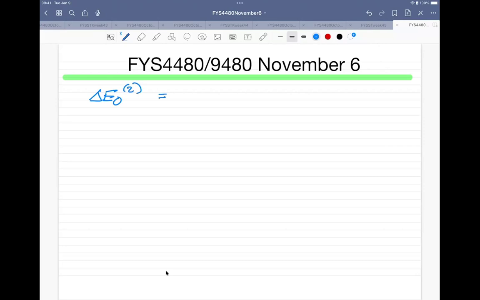And that was given by an expression where we had a sum over intermediate states. We had the ground state. So we are still assuming that there is one and only ground state. We are assuming that it's non-degenerate.